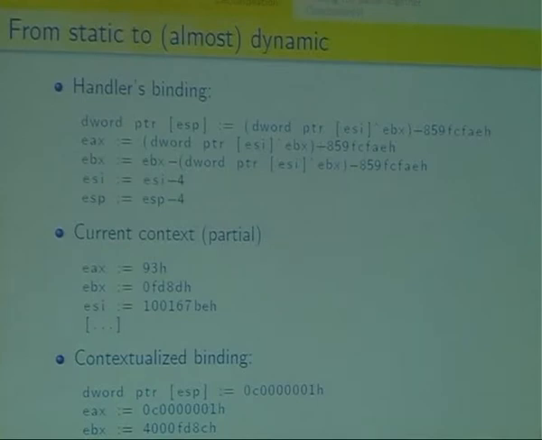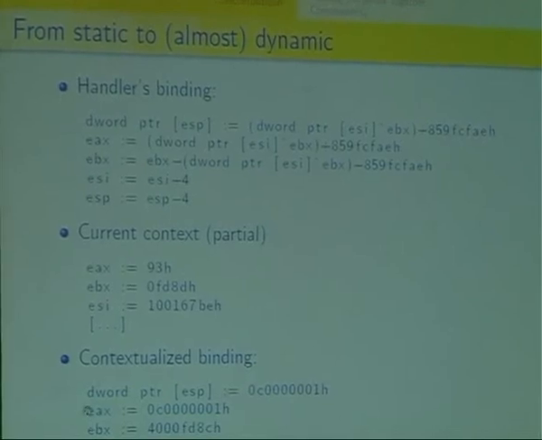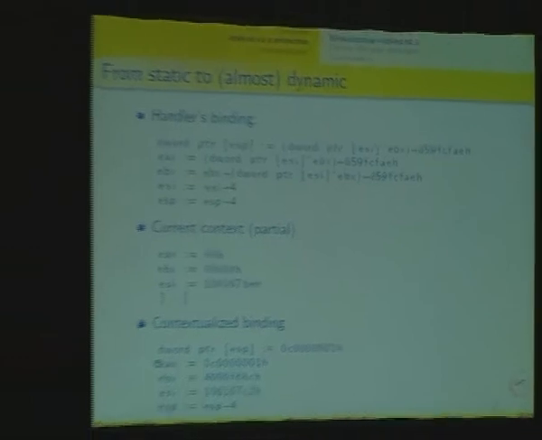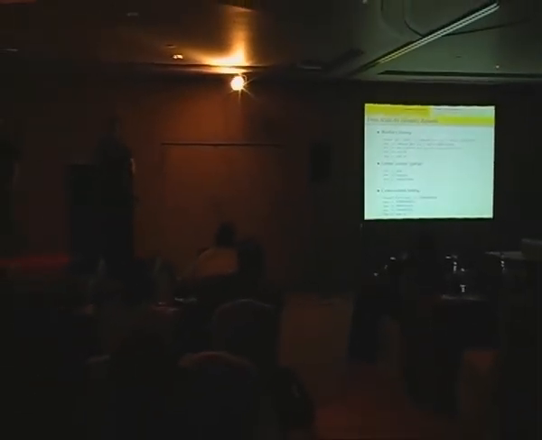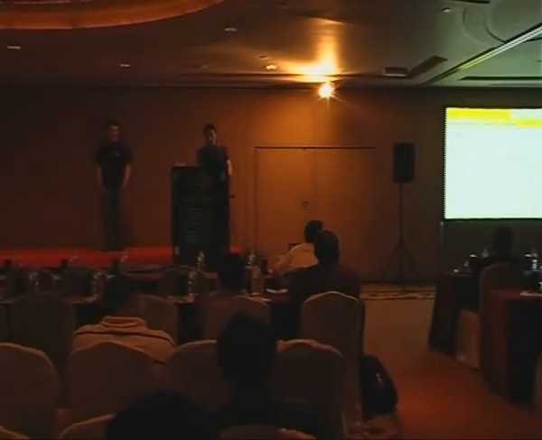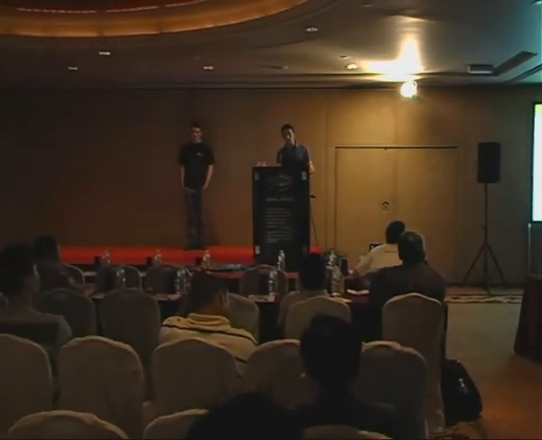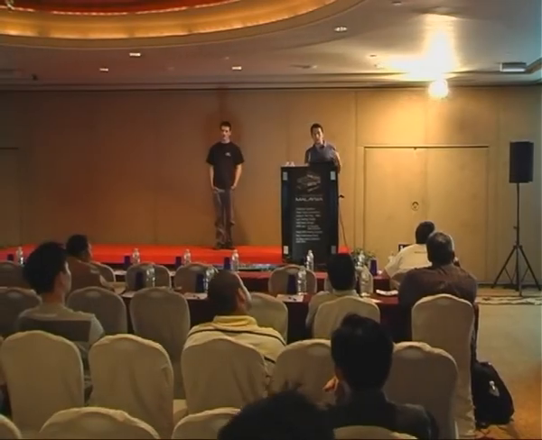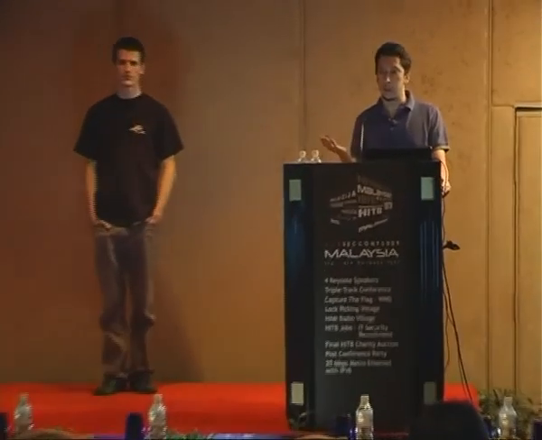And then we inject this context into the binding. And once the binding is solved, we have what we call the contextual binding. So it's all the effects of the operation in a concrete way. And with this, we're able to generate the assembly corresponding to the effects of the binding.